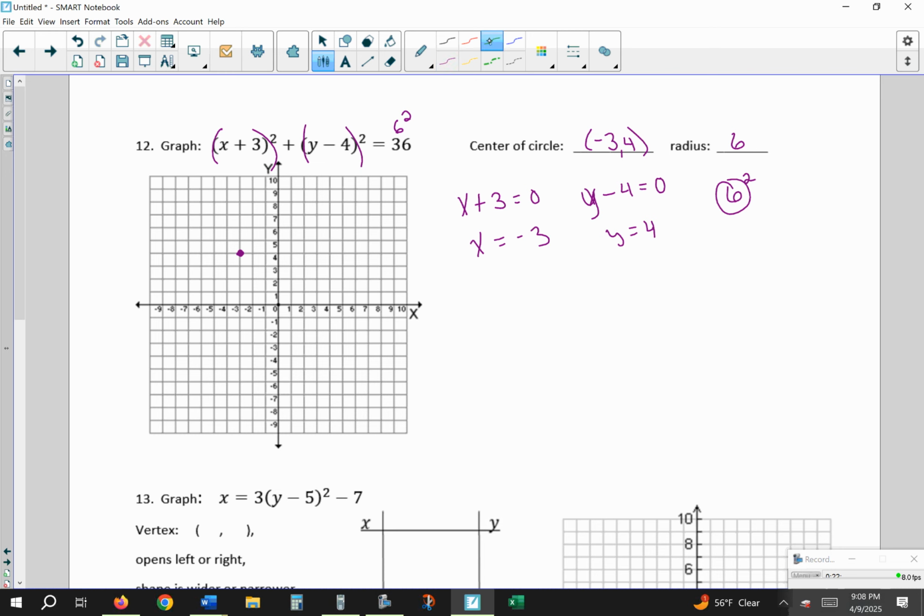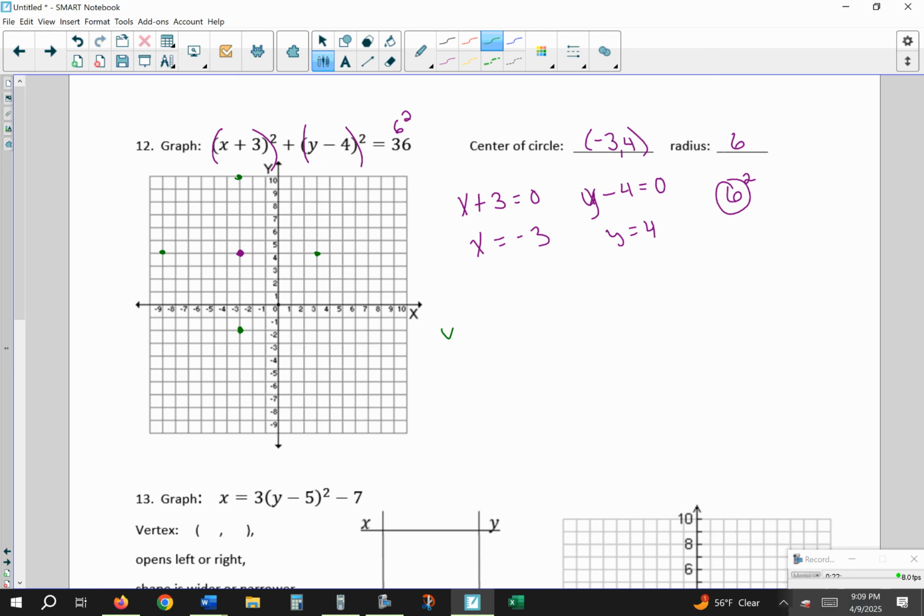And then from my center, we're going to count up 6, 1, 2, 3, 4, 5, 6, over 1, 2, 3, 4, 5, 6, down 1, 2, 3, 4, 5, 6, and over. Now, when you visually inspect that, if they don't look lined up the same distance, if that visually doesn't look right to you, recount.